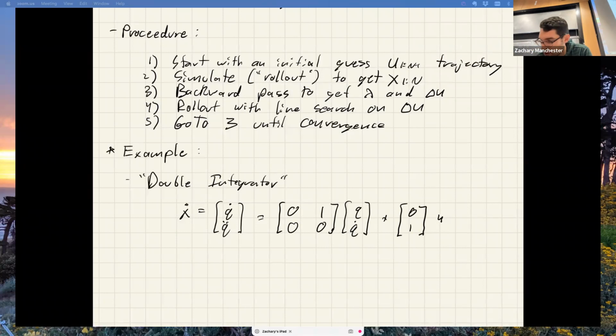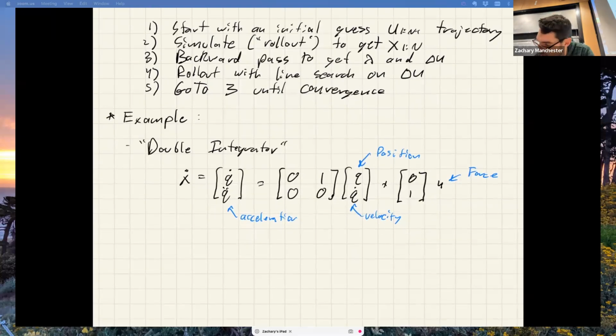This is acceleration. This is velocity. This is your force. This is your position. The intuitive thing to think about here is a sliding brick on ice, frictionless, and you get to push on it, and it's in 1D, sliding on a line.